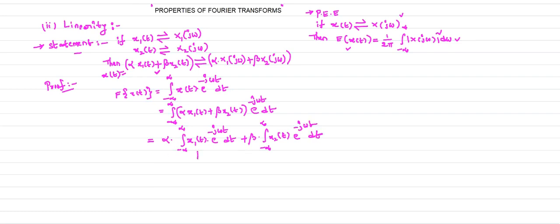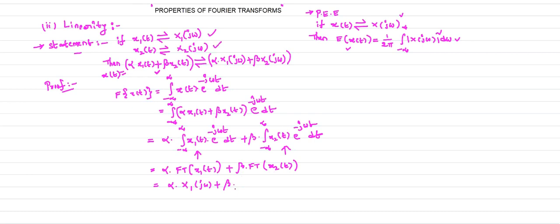Now what is this expression? This expression is nothing but the Fourier transform of x1 of t, and beta times this expression is nothing but the Fourier transform of x2 of t. So this implies alpha times, what is the Fourier transform of x1 of t? This is your x1 of j omega, plus beta times, what is the Fourier transform of x2 of t?